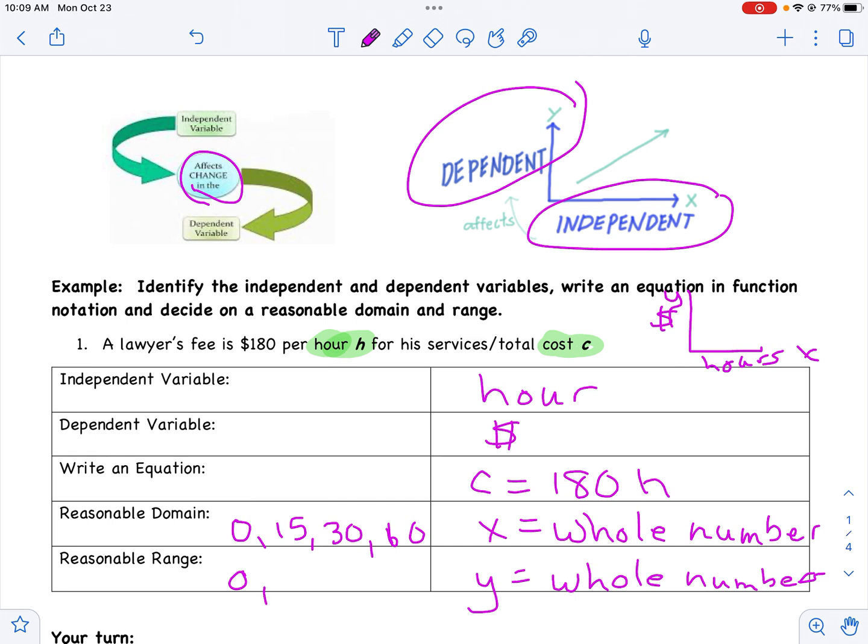You would make 0. 15 would mean you would take 180 and divide it by 4, which is going to give me $45. And half of that would be 90. A whole hour would be 180. So you could continue the pattern out and list all the possible x and y values.